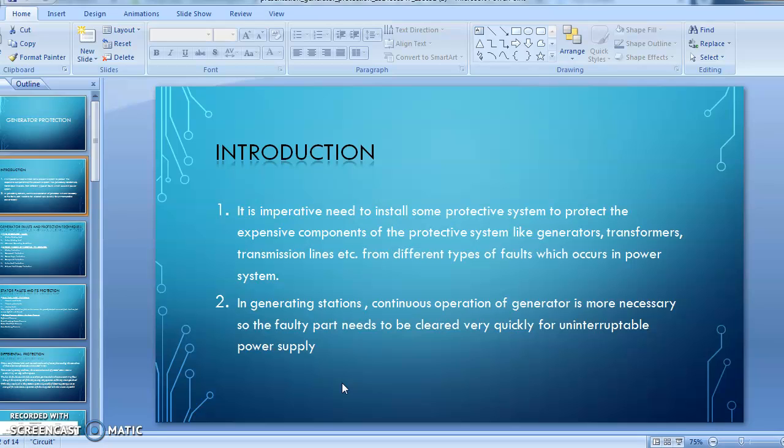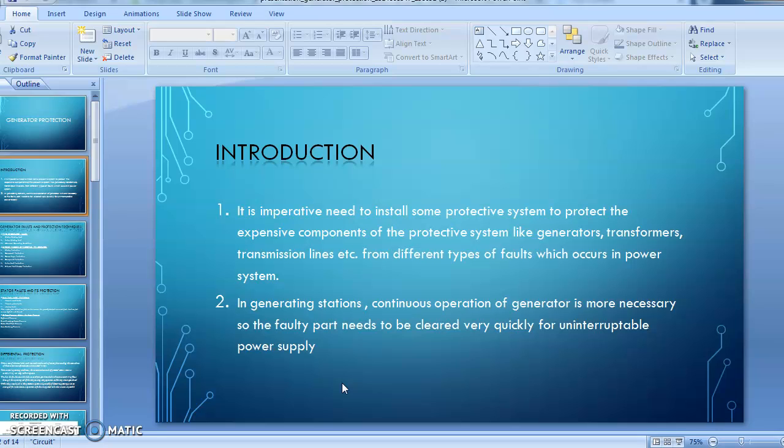That means when we wish to establish a generating station, we are going to install n number of generators. The number may vary from 1 up to 7, 8, 10, and one single generator is not capable enough to compensate that huge amount of load.